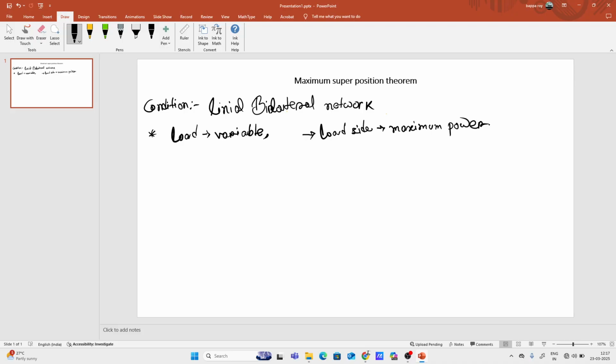You need a little bit of knowledge of Thevenin's theorem, but if you don't have it, we can go for this also. In Thevenin's theorem, what we do is replace the whole circuit with a voltage source and a series connected resistor.